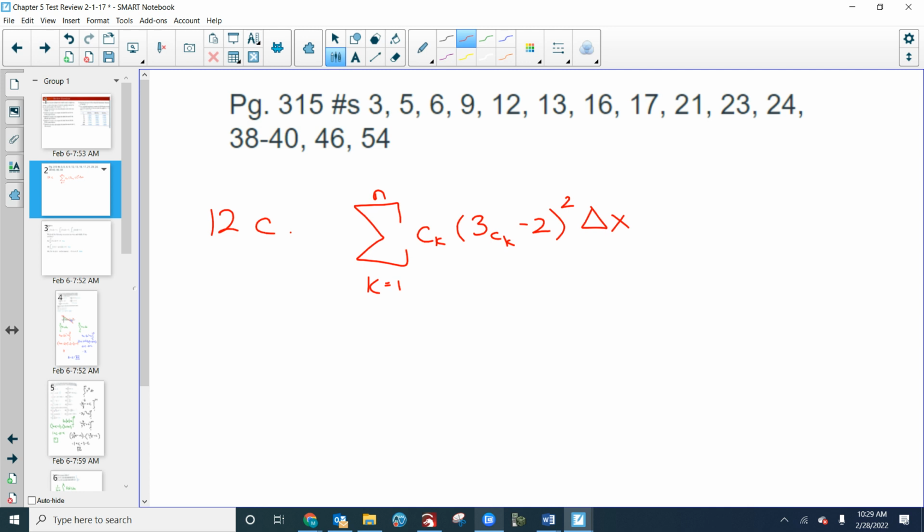So this function here is really f of x equals x times 3x minus 2 quantity squared. Yes? That's the function that this came from.